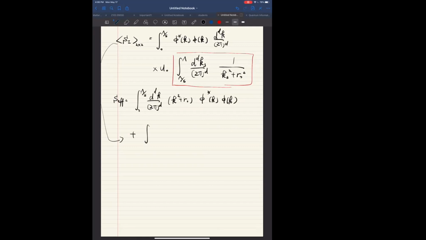So I don't want to rewrite here, but basically this is the part that I want to put in here, which is the S 2 times 2. And then the remaining part is the slow field one.